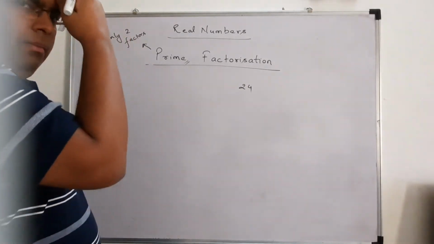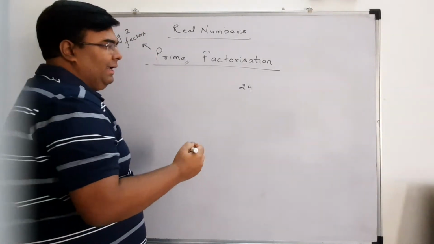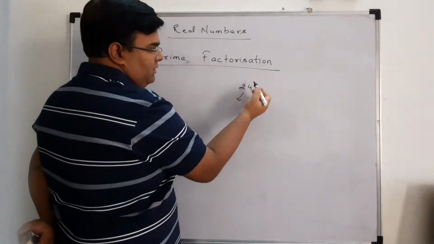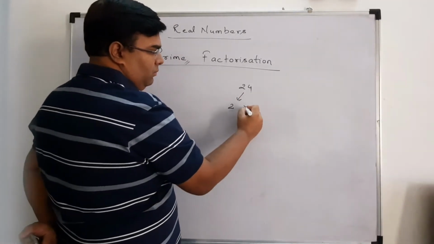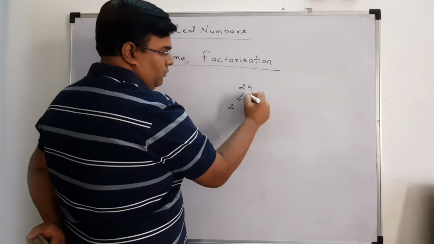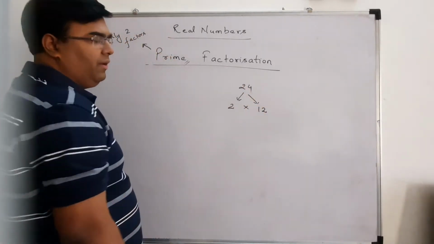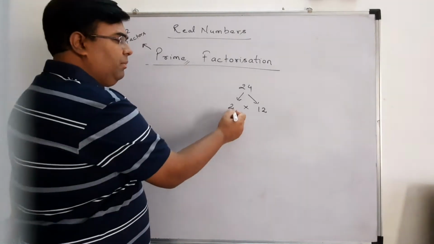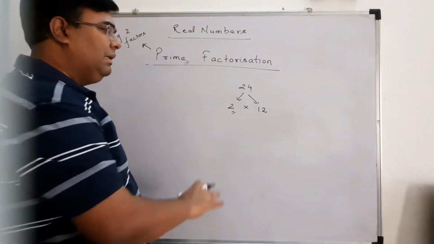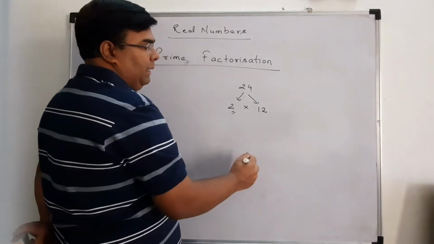Okay, in books they write it like, if I divide, since this is an even number, we can divide it by 2. So I have split 24 into 2 into 12, correct? This is my prime number, so I can retain this. This is not my prime number.